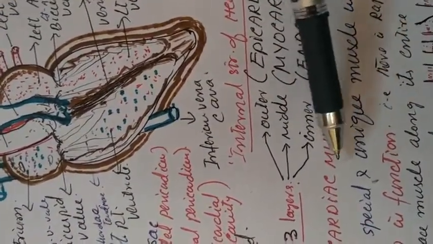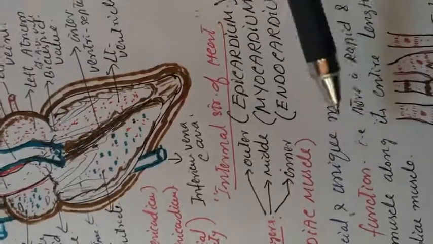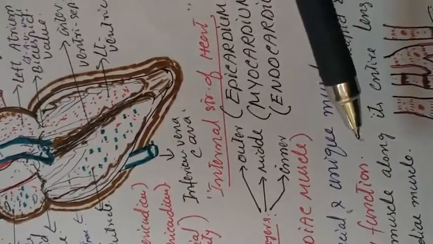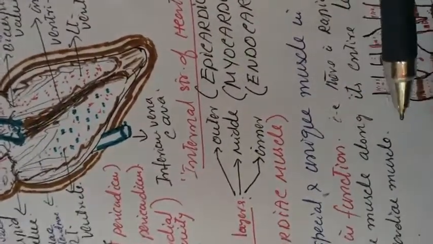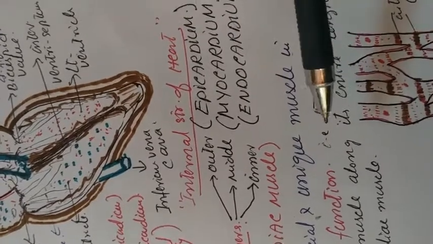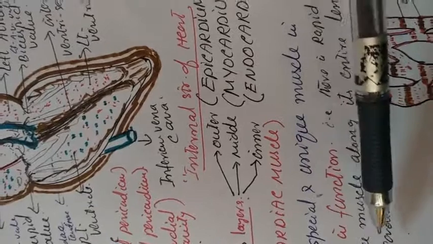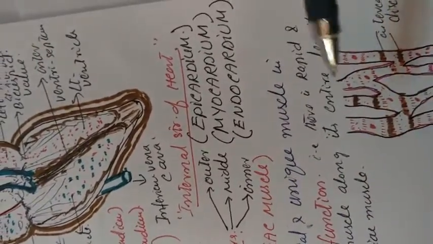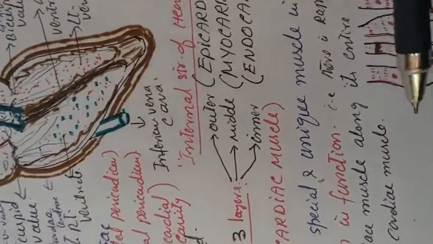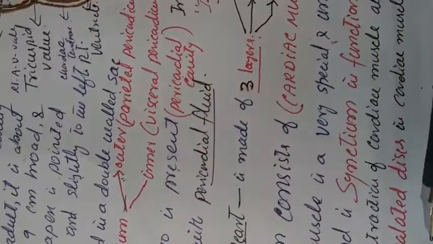This cardiac muscle is a very special and unique muscle in the body and is syncytium in function. That means there is rapid and coordinated contraction of cardiac muscle along its entire length because of the presence of intercalated discs.